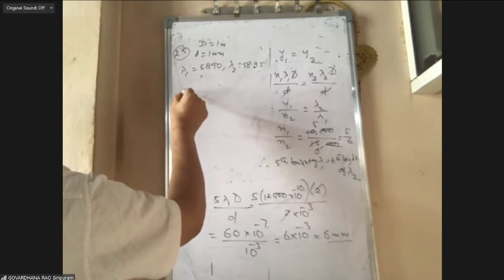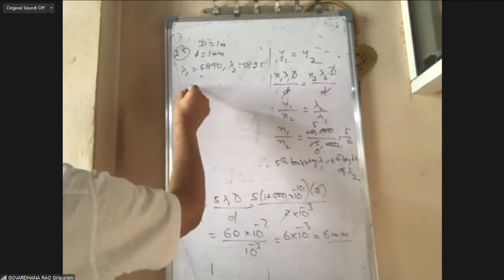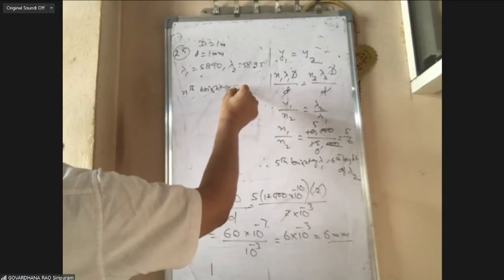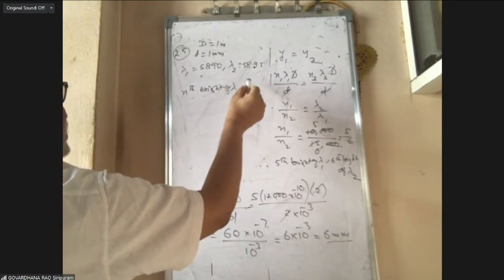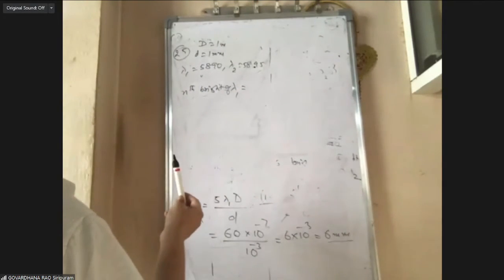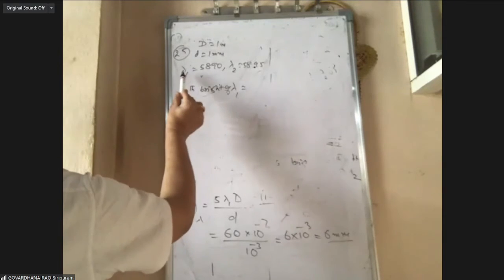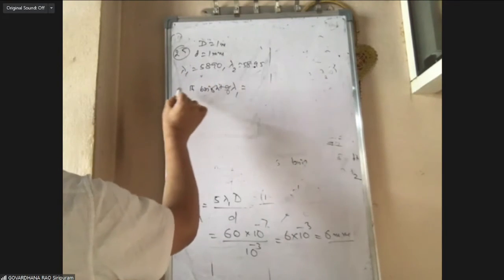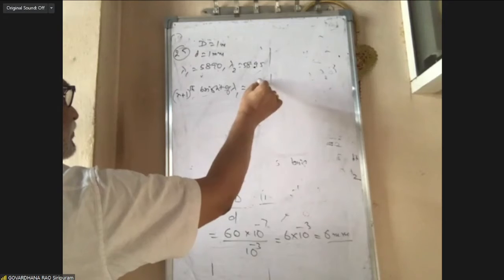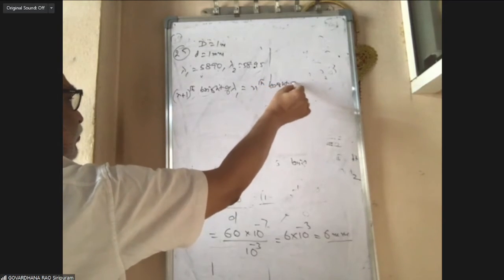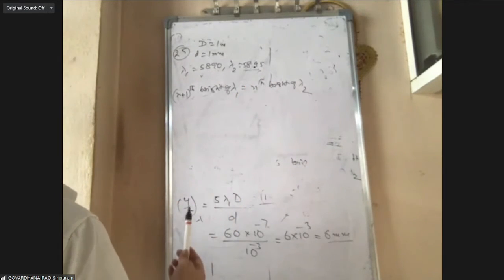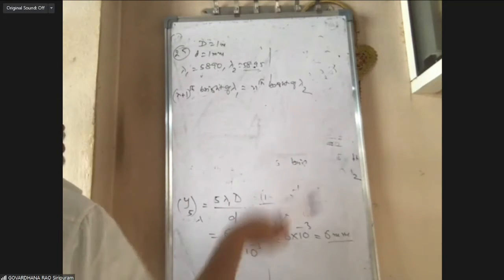Let us say the nth bright fringe of lambda 1 coincides with the (n+1)th order. Because lambda 1 is less and lambda 2 is more, you have to find in what order you will get it.